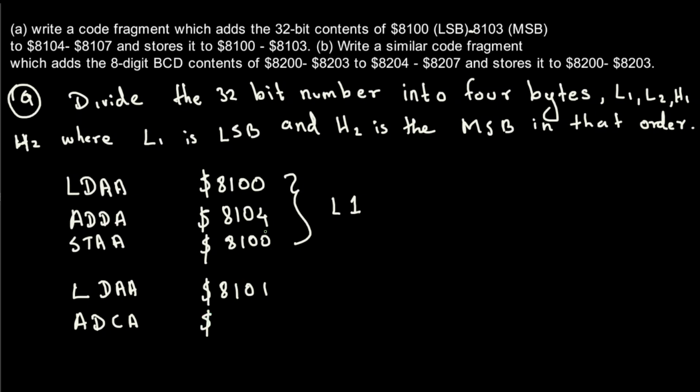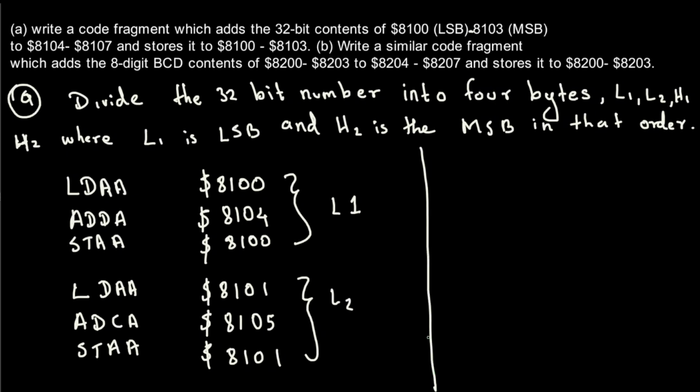That's the difference. Other than that, we just increase one number, so 8105, and then STAA 8101. This is L2. I had to continue downward, but I don't have space, so I'm going to continue over here.